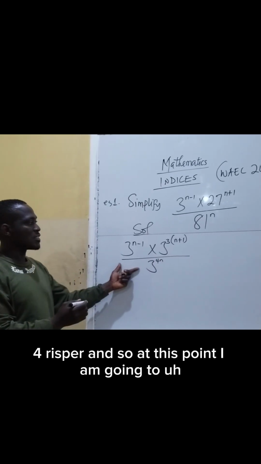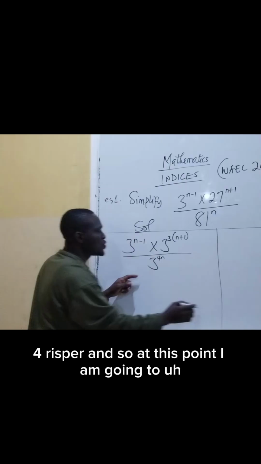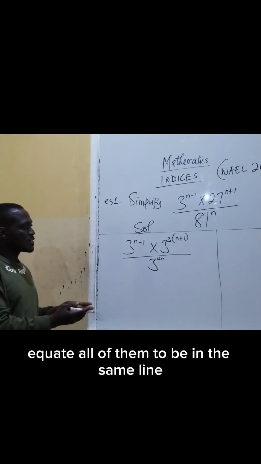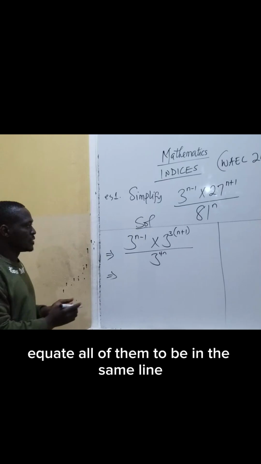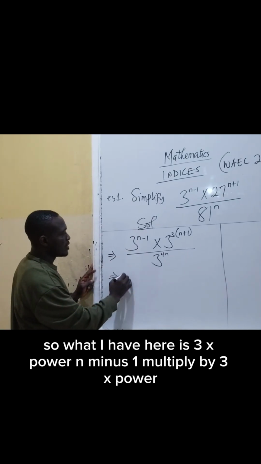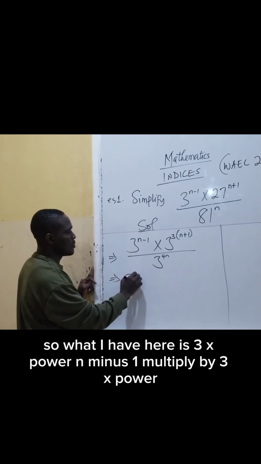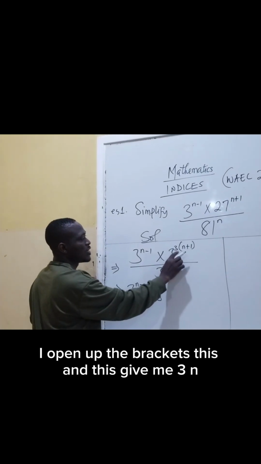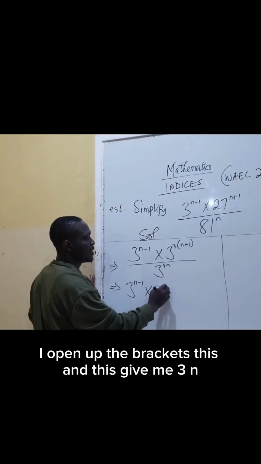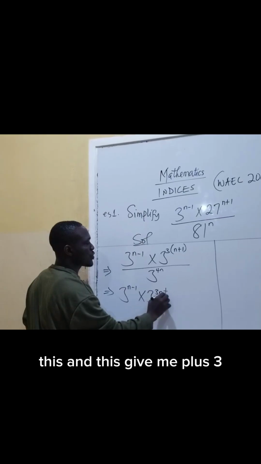So at this point, I am going to equate all of them to be in the same line. I have 3 raised to power n minus 1 multiplied by 3 raised to power, I open up the bracket: this and this give me 3n, this and this give me plus 3.